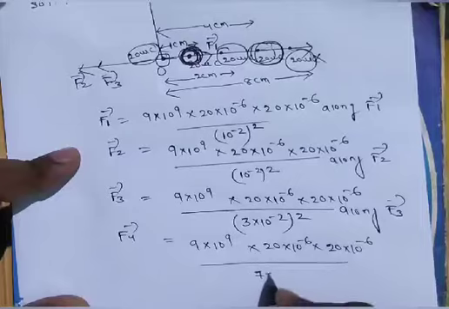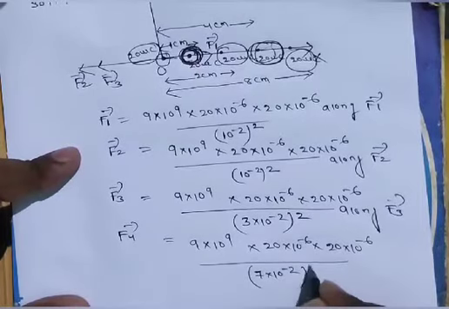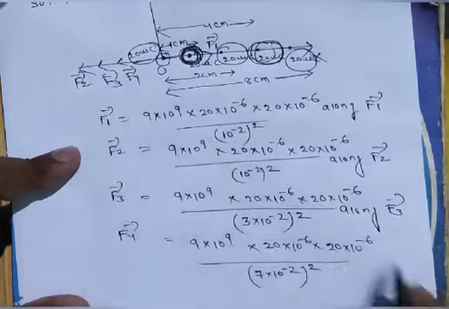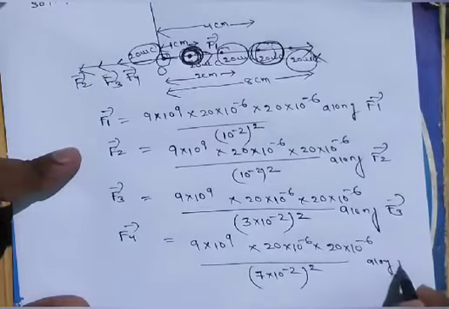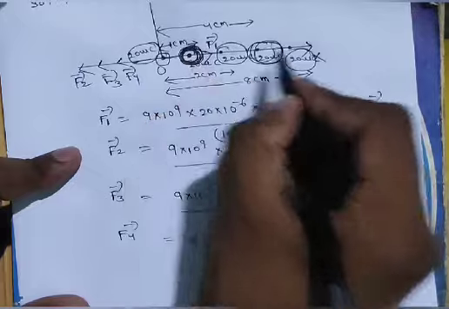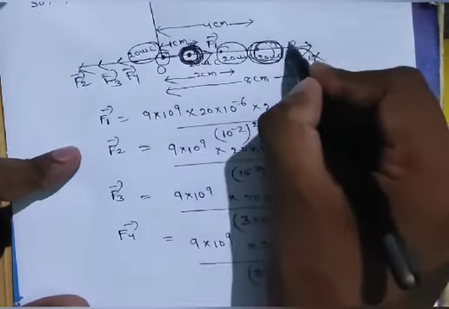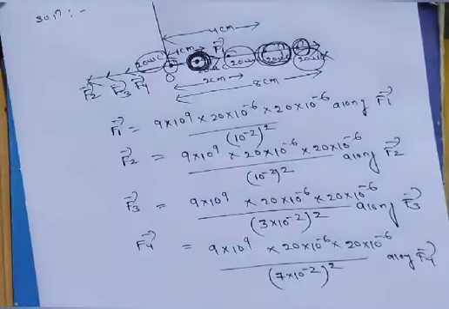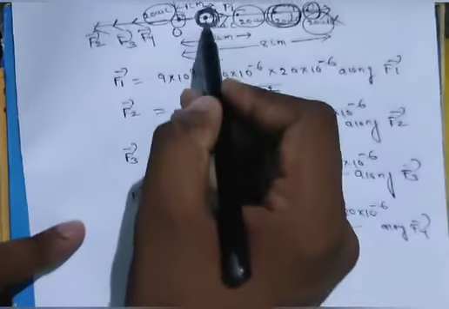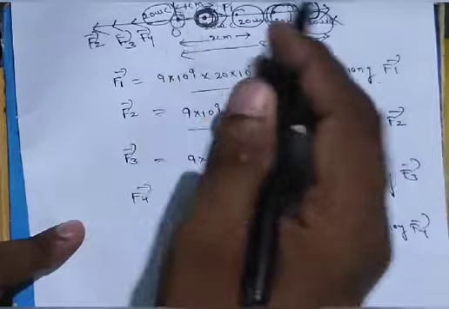So 7 into 10 to the power minus 2 meter, whole squared, and it will act along F4. So F4 is the force on this 20 microcoulomb due to this 20 microcoulomb charge. Now I shall find the net resultant force at this 20 microcoulomb due to the other charges.